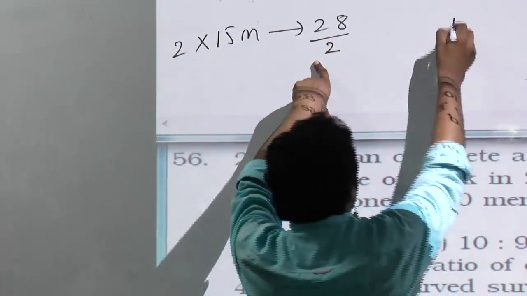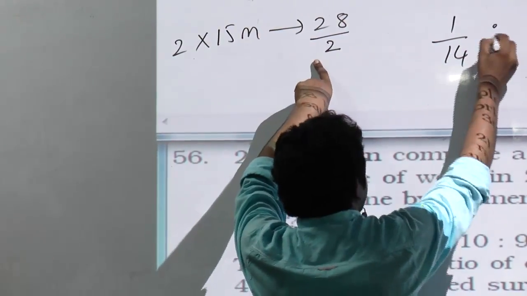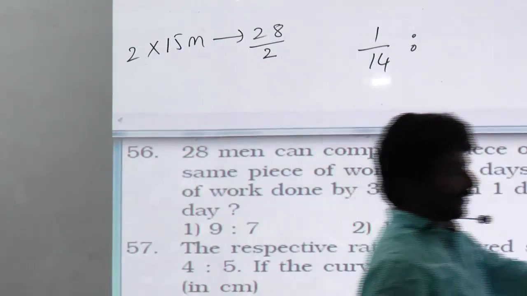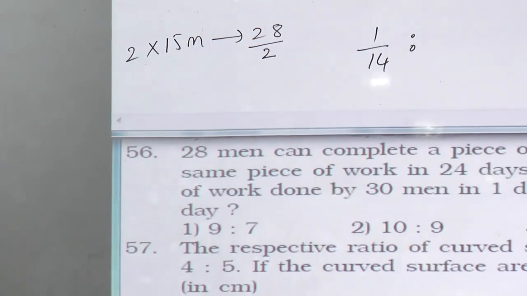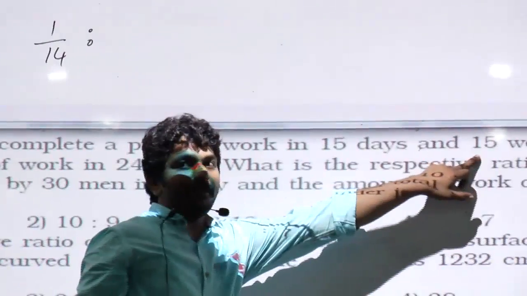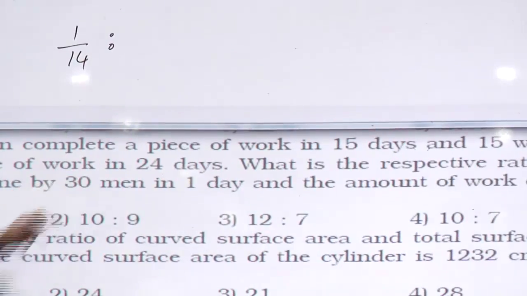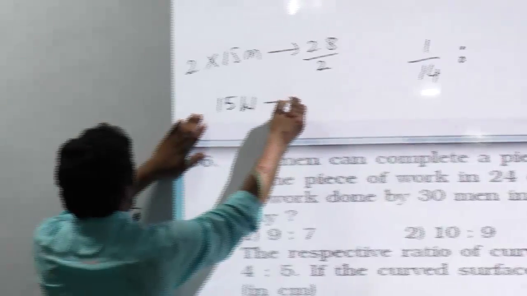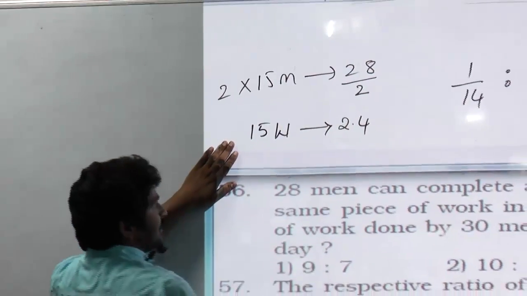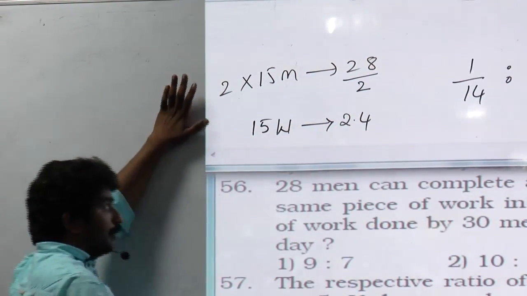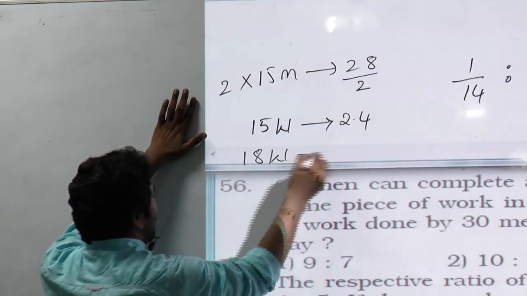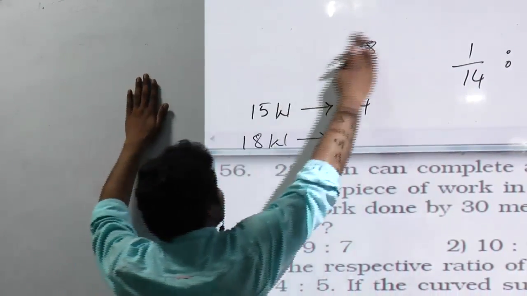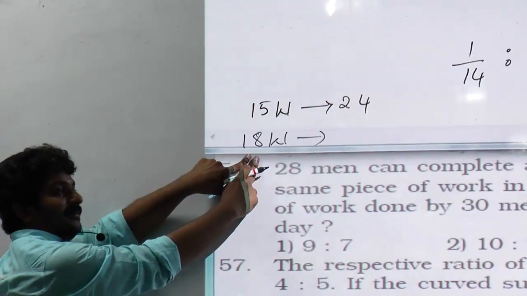Right, 30 men can complete the work in 14 days. 1 day work is equal to 1 by 14. And then now women, how many women are here in your question? 18 women. Now in your information 15 women can do it in 24 days. But now you need to have 18 women. I need to know how many days 18 women take to complete the work. Wait a minute. This is 6 3s, right?